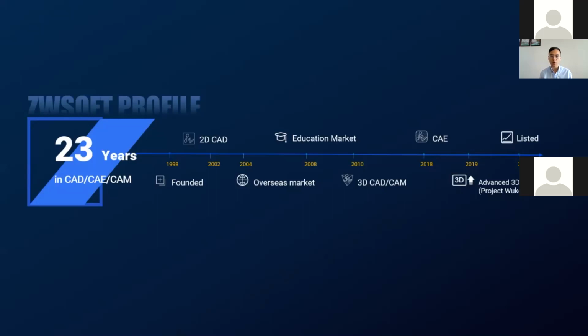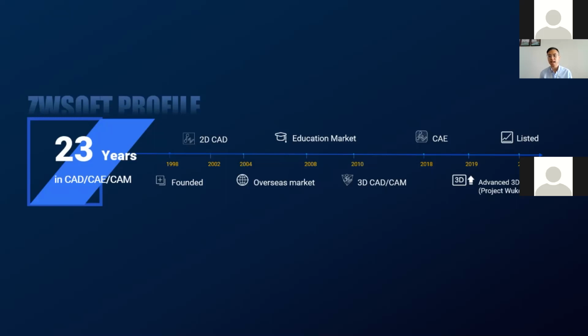You can see every few years we have a big step. For example, we started the overseas business market in 2004. After 4 years, we focused on the education market in different countries. And in 2010, we had our own 3D CAD/CAM solution.